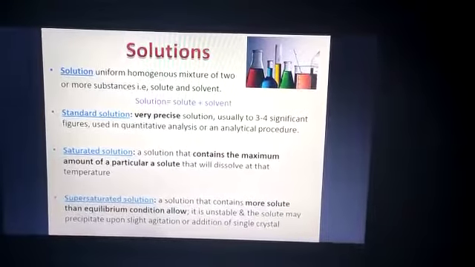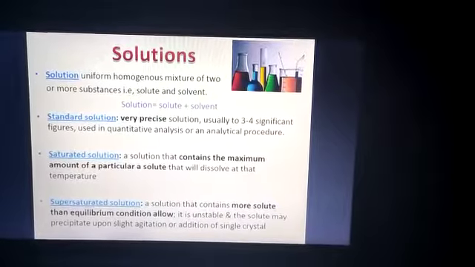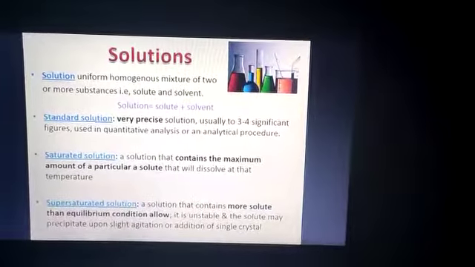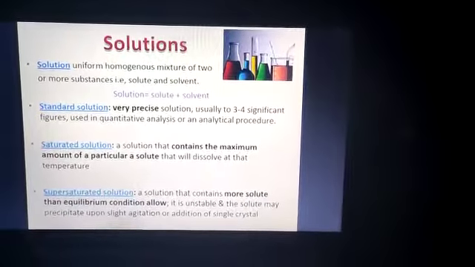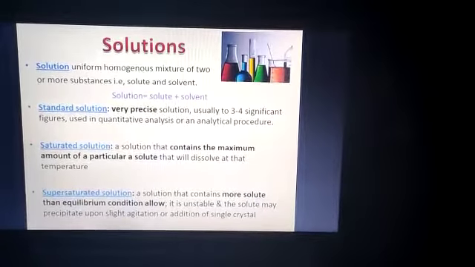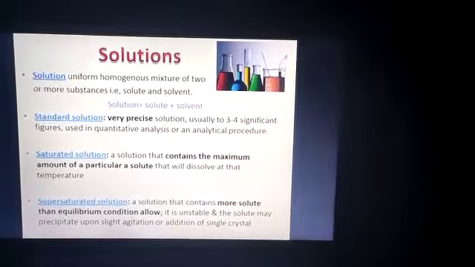We said solution, uniform, a homogeneous mixture of two or more substances, for example, solute and solvent. Standard solution, very precise solution, usually to 3 to 4 significant figures used in quantitative analysis or analytical procedure.